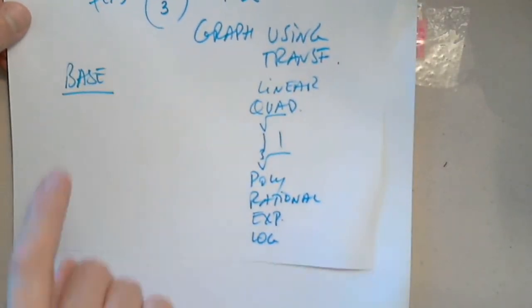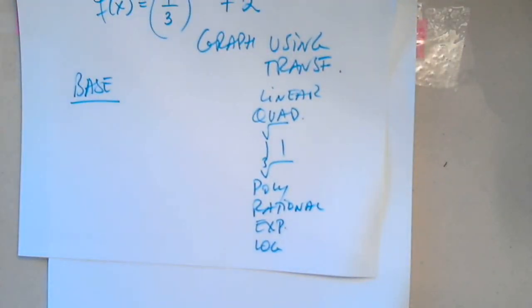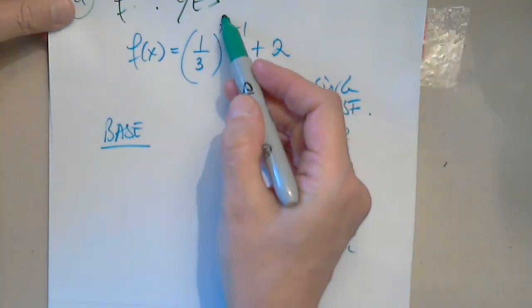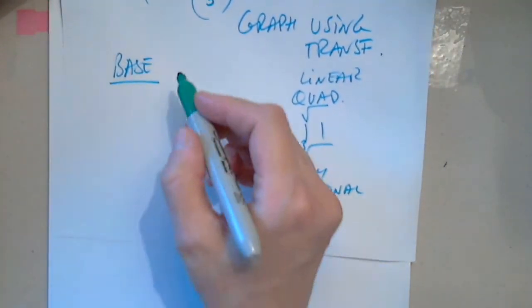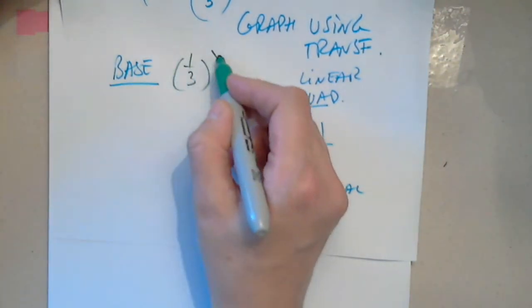So can anyone give us the base function that I used to create this function? The base function is one-third to the x.